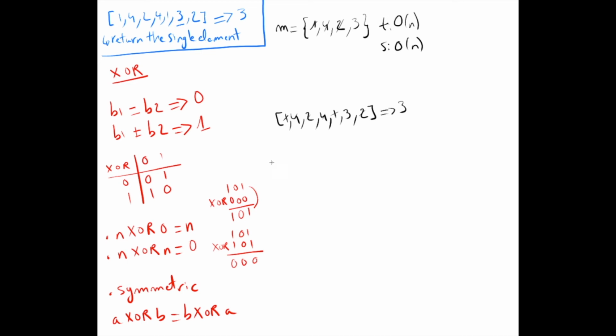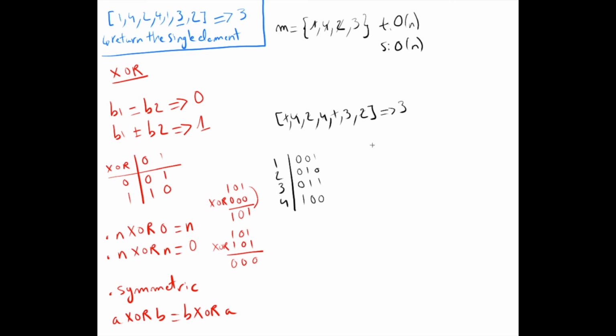But first, let's make a small utility table to remind us of the binary representation of the integers we are going to handle. So we have 1, 2, 3, and 4, and 1 is 0, 0, 1, 2 is 0, 1, 0, 3 is 0, 1, 1, and 4 is 1, 0, 0. So let's apply the XOR operator on every single integer.